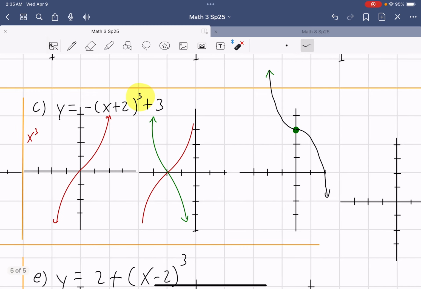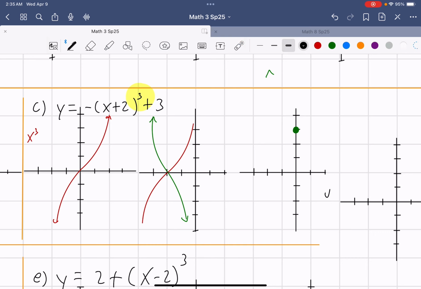So we have our original cube. Move to the right. We did our reflection. Now we just need to move up. This shouldn't be there, because it goes up by 3.